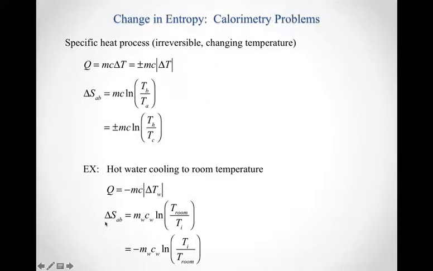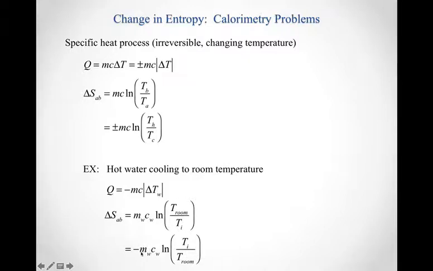And so calculating out the entropy change, again, I can do it one of two ways. Mass of the water, specific heat of water, times the natural log of final over initial, so room temperature divided by the initial temperature the water started at. Or, again, I know that this natural log term is going to be negative.